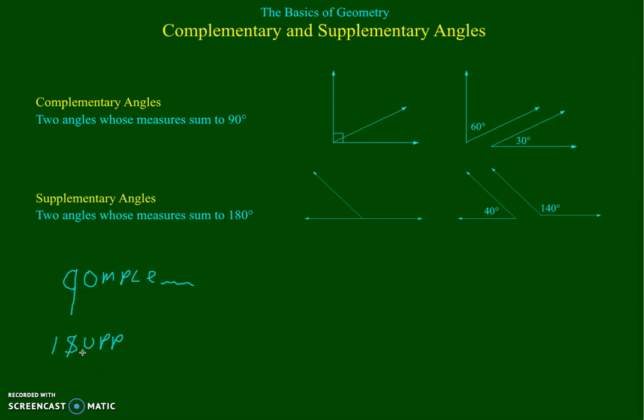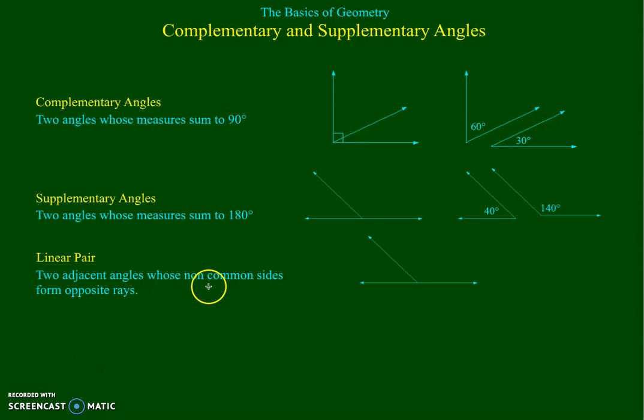All right, let's move on. You'll note in this next word, linear pair, that we're using the same basic picture we used in our supplementary angles picture. And a linear pair is simply two adjacent angles whose non-common sides form opposite rays. So here we have a non-common side. This angle has this side. This side is common to both angles.